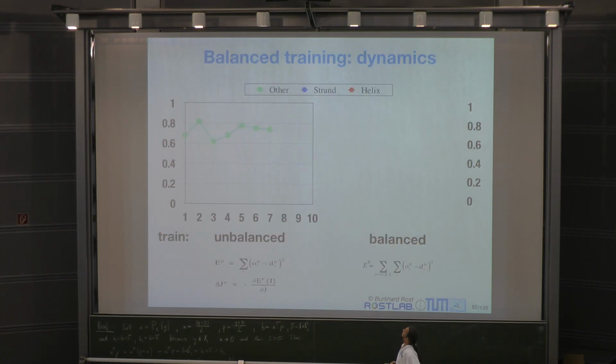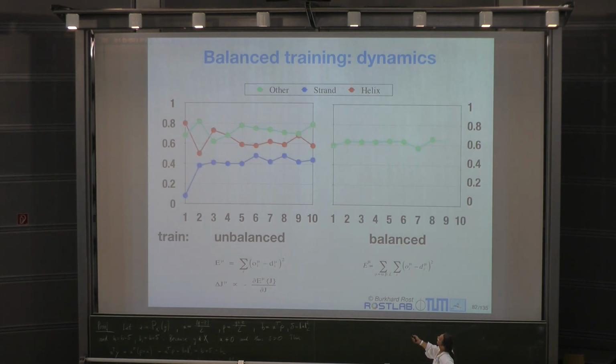When we do that, so here's again what we get for the regular way of doing it, and here's what we get for equal sampling. Yeah? So was the data insufficient on strands? So the question is whether we didn't have enough strand? So on the left, what is the answer to that?